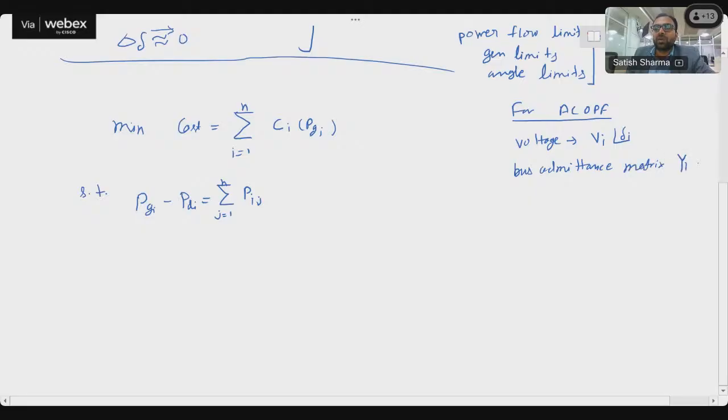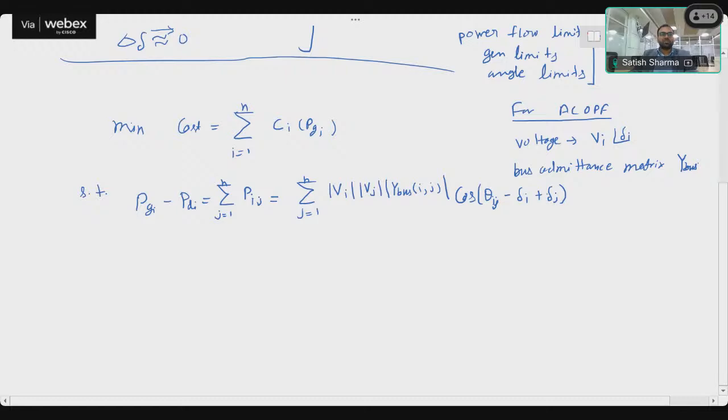Okay, which is Y bus. This bus admittance matrix gives the entire topology connection, because for a studied power system, the power between i and j can be given by this very simple formula for the polar coordinate system: magnitude of Vi, magnitude of Vj, magnitude of Y bus ij, then cos of theta ij minus delta i plus delta j.